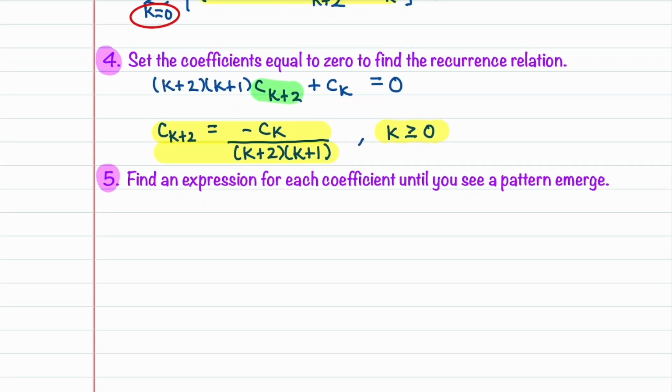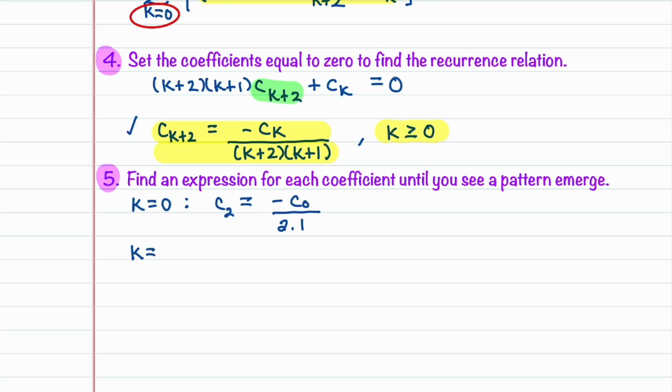In step 5, we're going to find an expression for each coefficient until we see a pattern emerge. I think this is the hardest step out of all of them. We're going to start with k is equal to 0, and we're going to substitute this value of k into our recurrence relation. When k is 0, k plus 2 is 2, so we get c2 is equal to minus c0, all divided by 2 times 1.